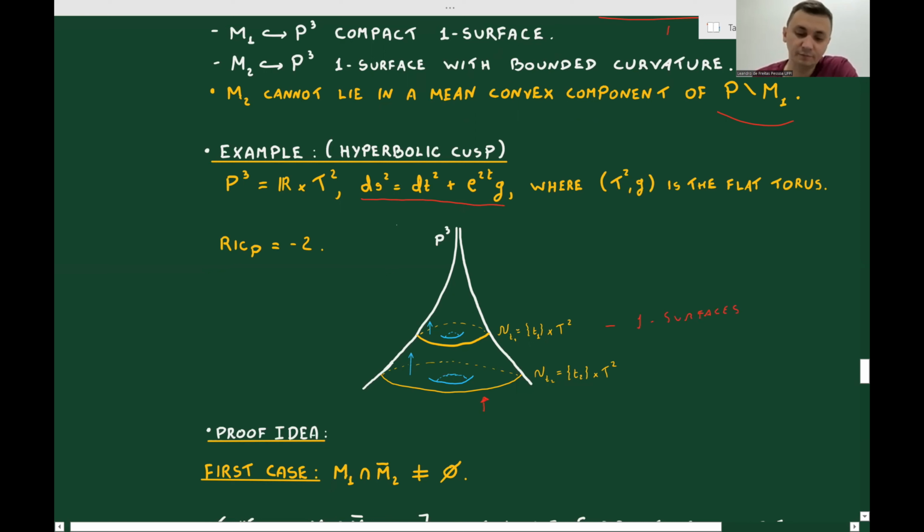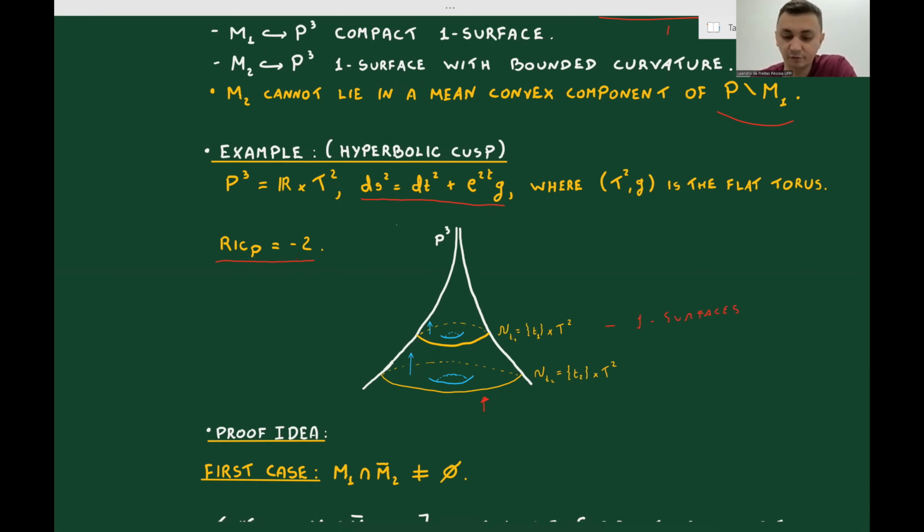So the theorem is not true in this case. If we put the Ricci curvature equal to -2, we cannot have this kind of result.